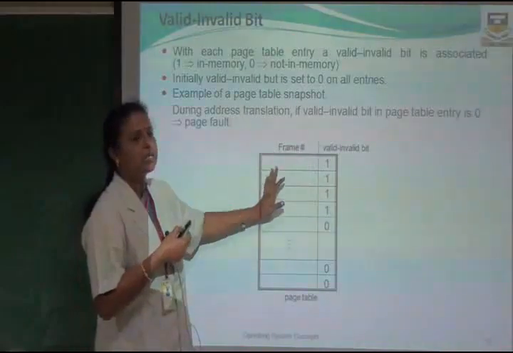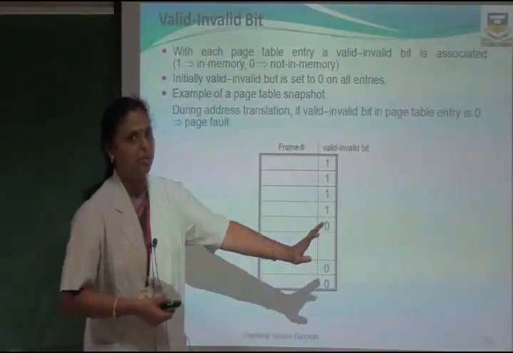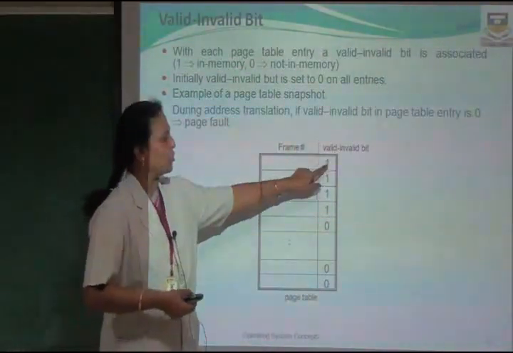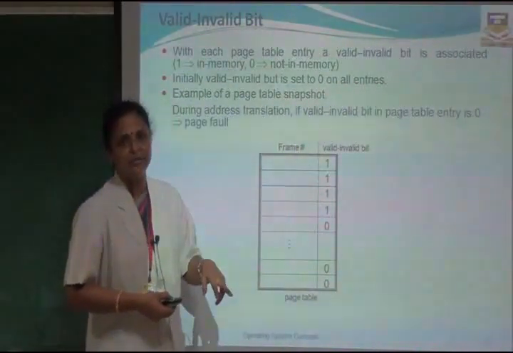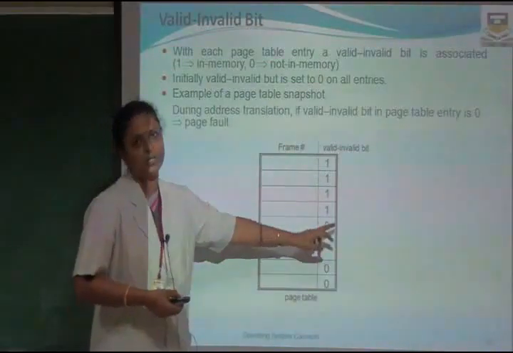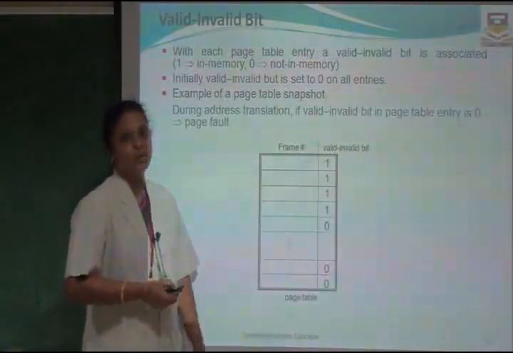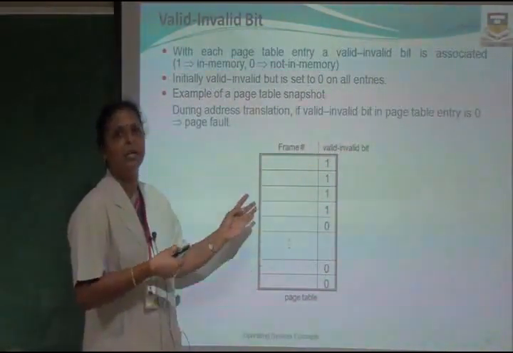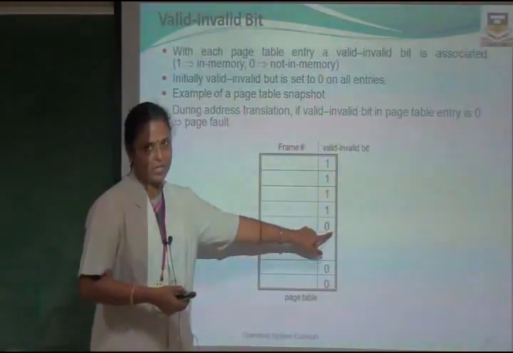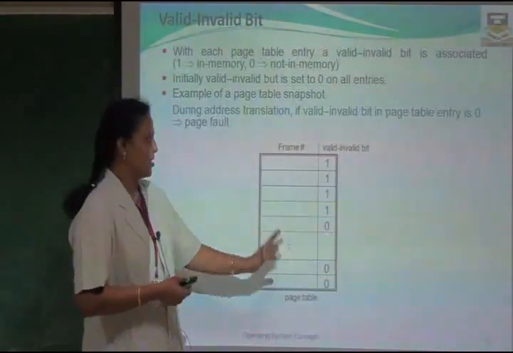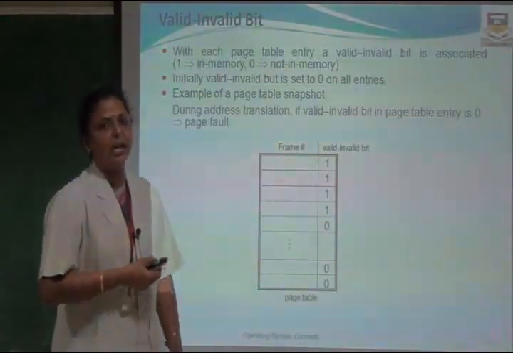If the page is available in physical memory, then its respective valid invalid bit is set to 1. If the page is not available in physical memory, then its respective bit is set to 0. So by using that we can easily identify it.